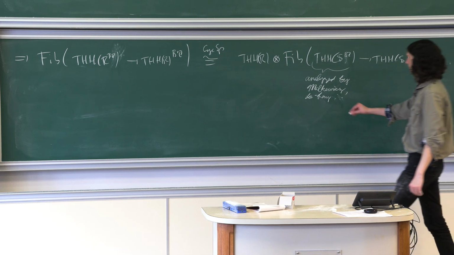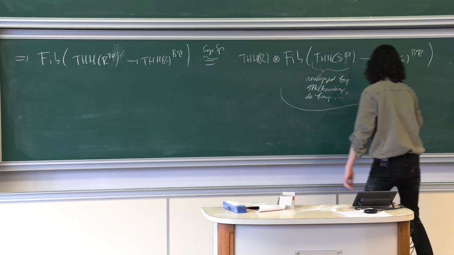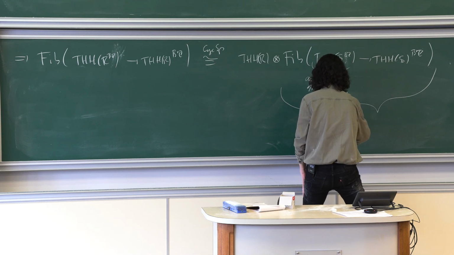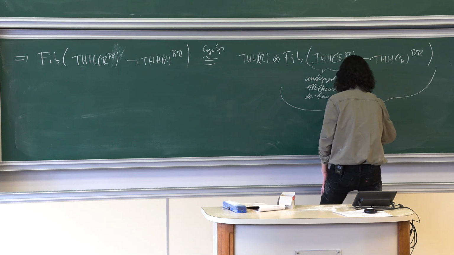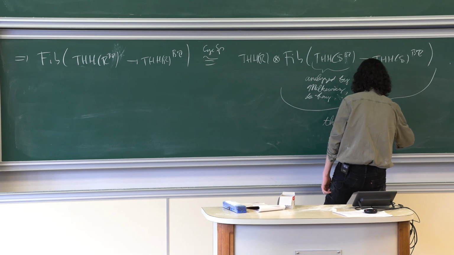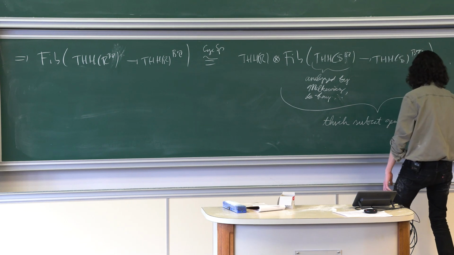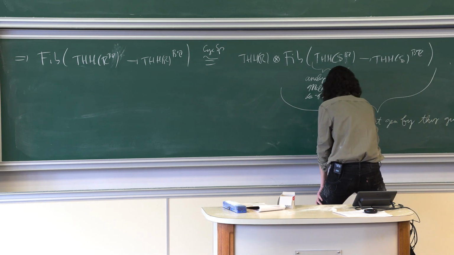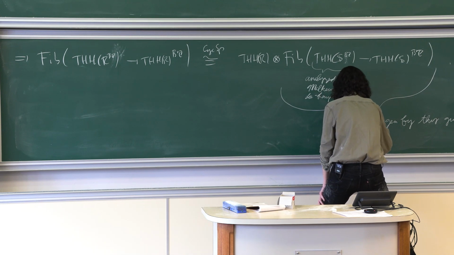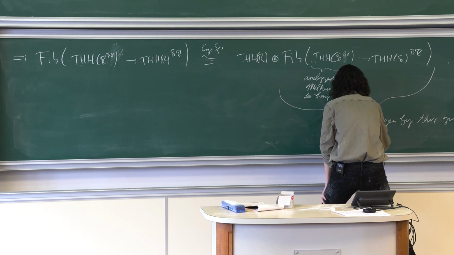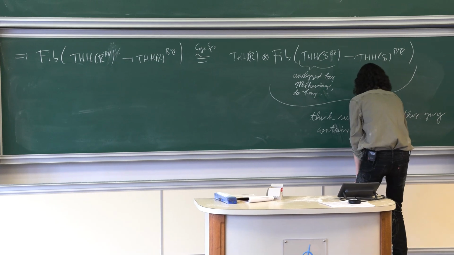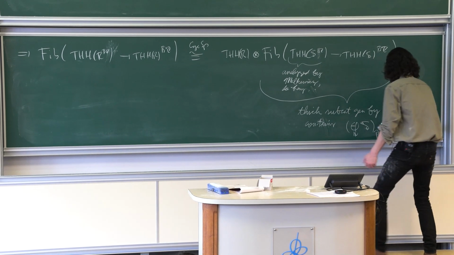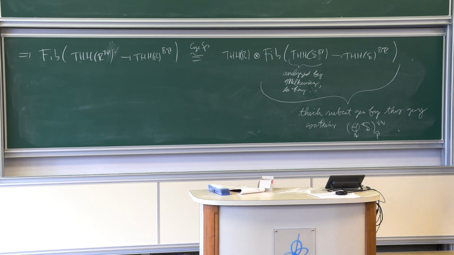And the conclusion that they get is that this guy, the thick subcategory generated by this guy, contains a large trivial cyclotomic, contains some infinite sum of spheres p-adically completed with a trivial cyclotomic structure.